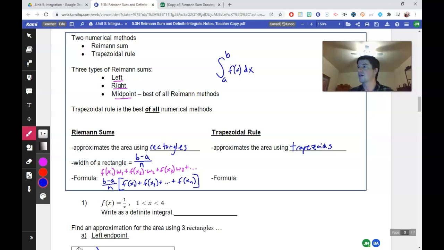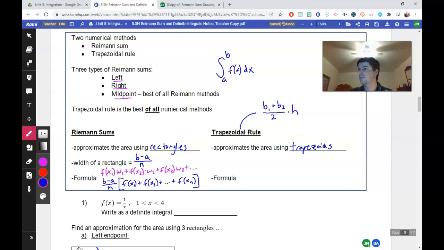For the other one, the trapezoid rule, I just want to remind you the formula for the area of a trapezoid: you average the two bases, so base 1 plus base 2 divided by 2, and you multiply that by the height. Again, you could do that over and over, and I could write that down over and over.